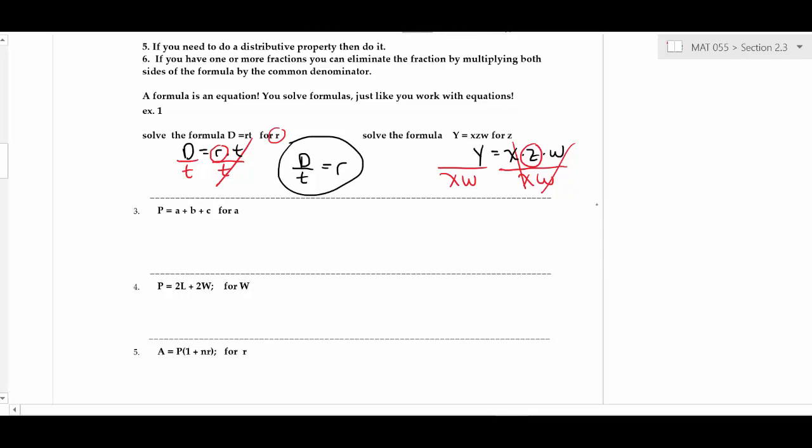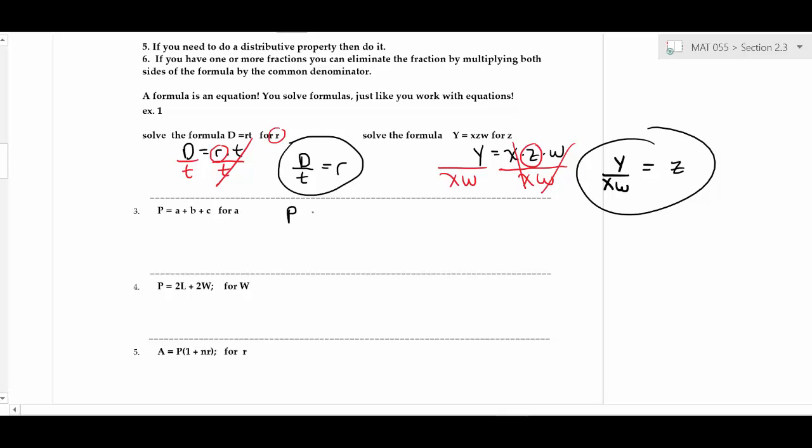So what you would end up having is w equals y over x. Hold on. No, z. Well, I'm making all kinds of mistakes today. There's something wrong with me. Okay, so we got that. That's the answer.